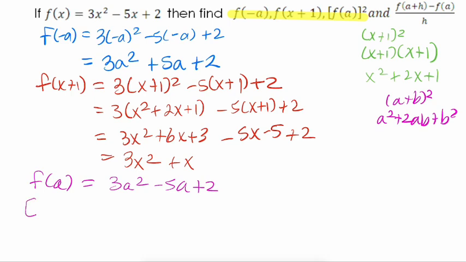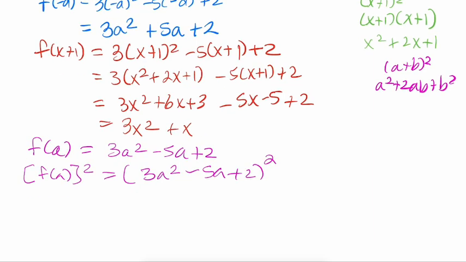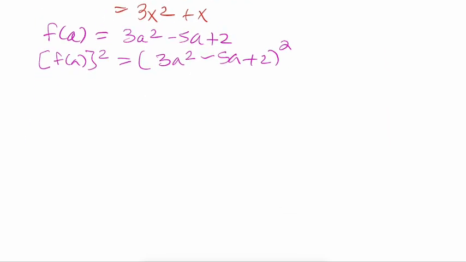When you square it, and there is a square outside of the function notation, you have to put the entire thing in parentheses and square it. Okay? So it is the entire thing squared.